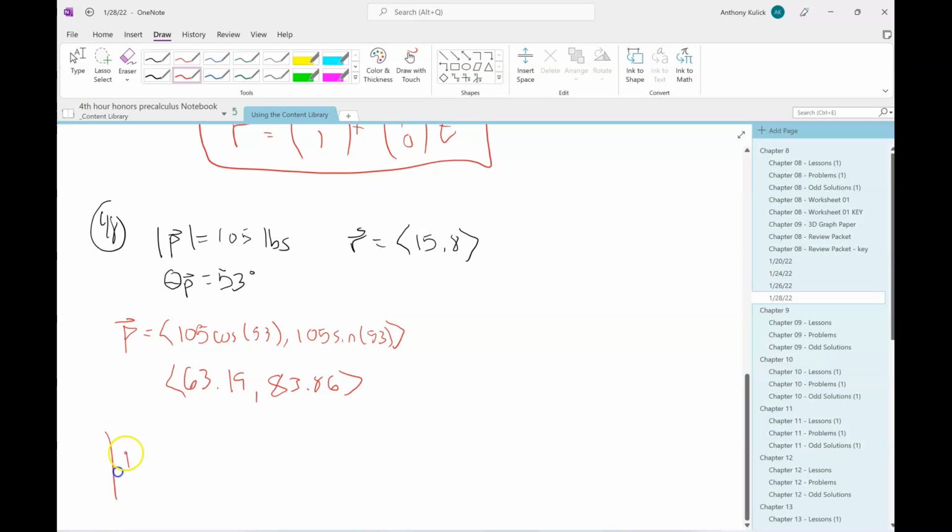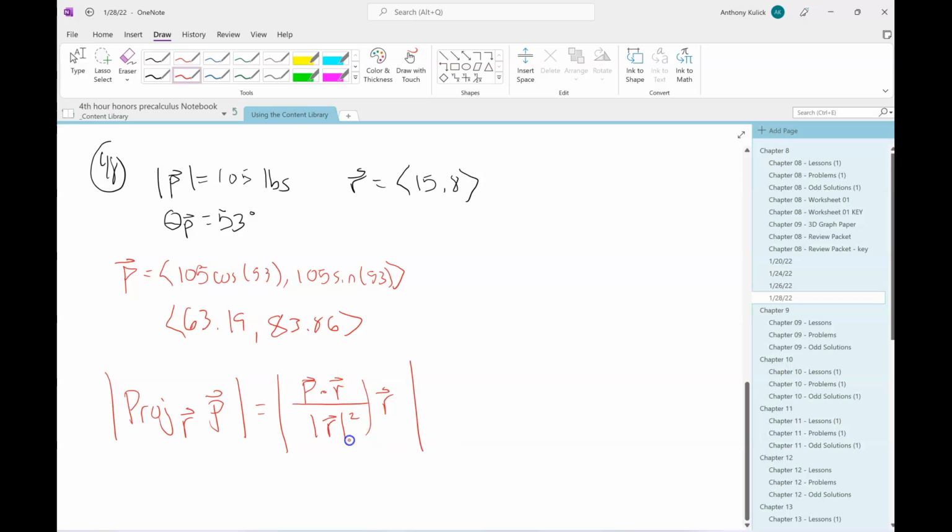So what we need then is the magnitude of the projection of P onto R. So that's going to be the dot product of P and R divided by the magnitude of R squared times R. Maybe I should put a parenthesis there.